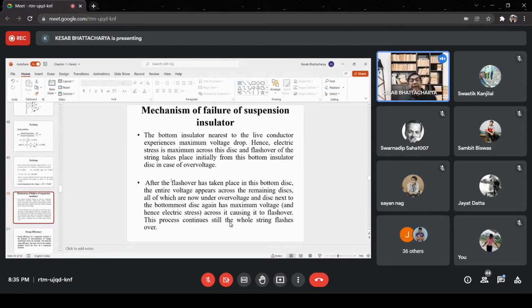mechanism of failure of suspension insulators. Now, the bottom insulator nearest to the live conductor experiences maximum voltage drop. Hence, electric stress is maximum across this disk, and flashover of the string takes place initially from the bottom insulator disk in case of overvoltage.